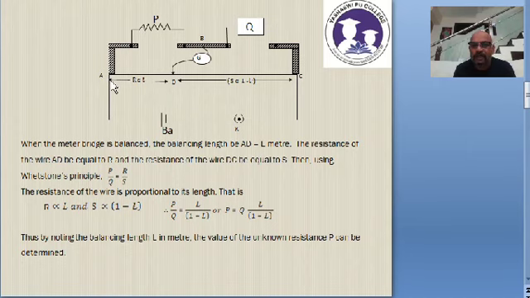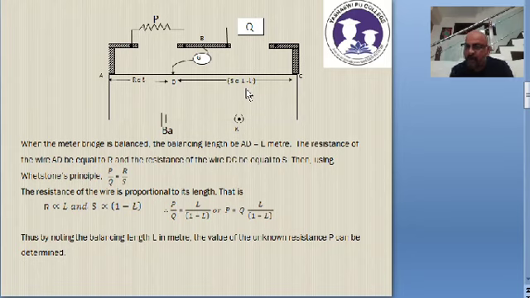There is a wire between A and C. So AD represents the resistance of the wire of length L. Similarly, DC represents the resistance of the wire of length 1 minus L. Notice this 1 minus L. So R is proportional to L, and S is proportional to 1 minus L, because resistance is directly proportional to length.